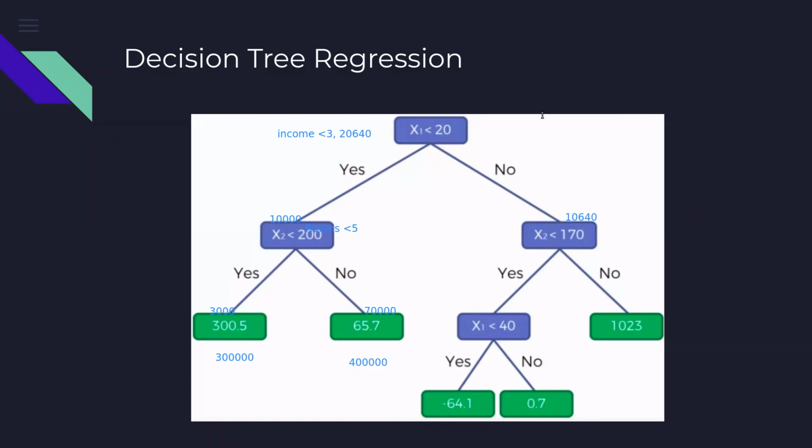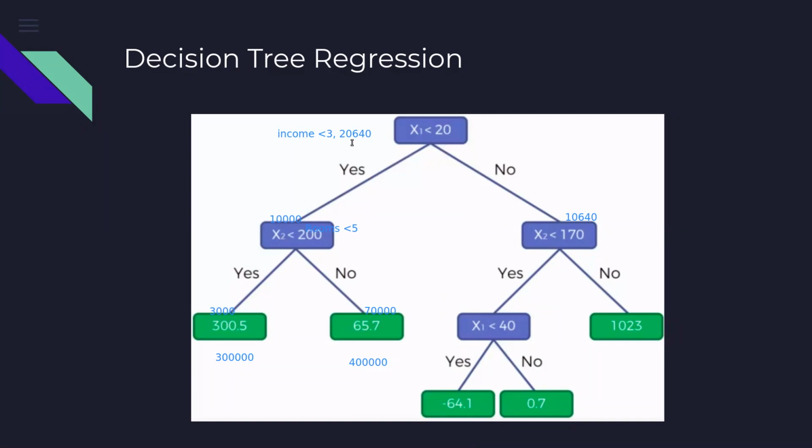In our data set, we had 20,640 records. Okay, then suppose we first take a criteria and say that divide this data set based on the income, and my criteria is that whether the income is less than 3 or not. So there are two branches. One is which satisfies the criteria as yes, and the rest of the things which does not satisfy the criteria.